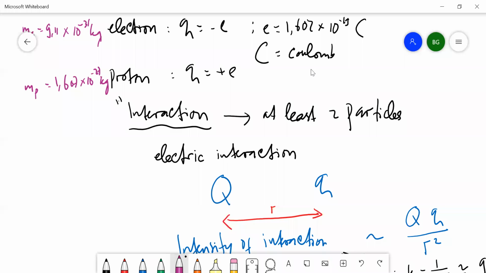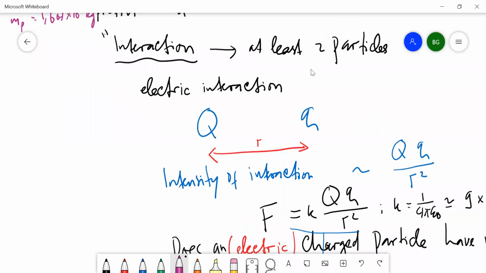In this case, electric interaction between, for example, two charges, capital Q and q, with distance between them r.